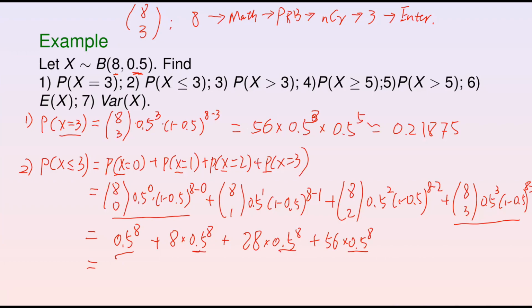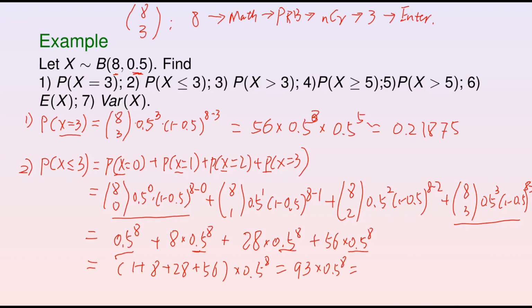So that's going to be 1 plus 8 plus 28 plus 56 times 0.5 raised to power 8. That's 93 times 0.5 raised to power 8.